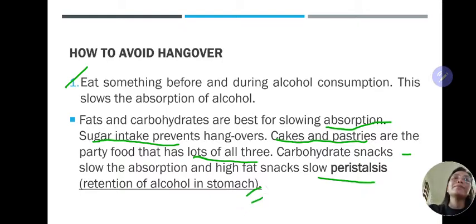So, kailangan before tayo makipag-inuman, kumain muna tayo ng cake or yung medyo matatamis na mga pastries. Okay? Or kahit high-fat snacks, which are also very dangerous to our health, but since it will help us to avoid hangover, pwede na rin natin silang i-intake.